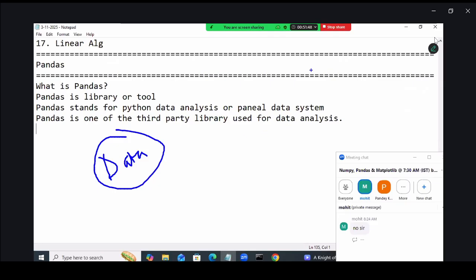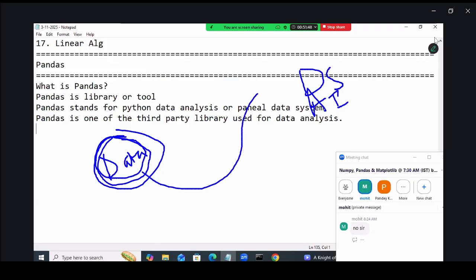Whenever you talk about a data scientist or AI engineer, what is required? Data. This data is used by the data scientist and the AI builder. You get the data from different sources.